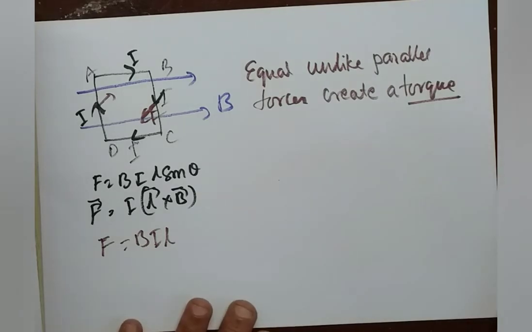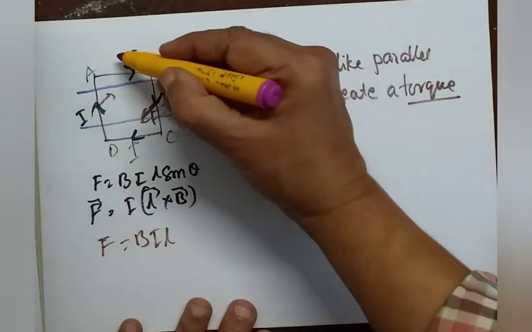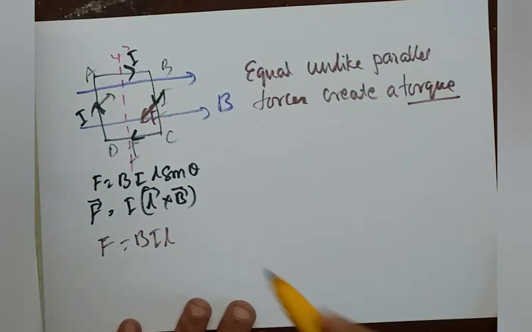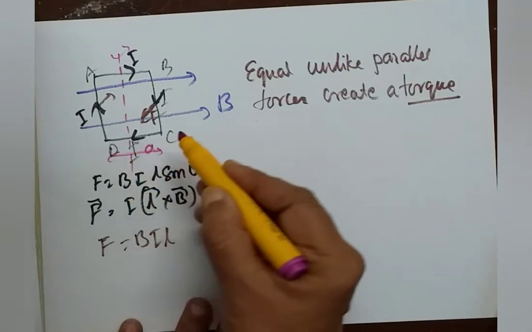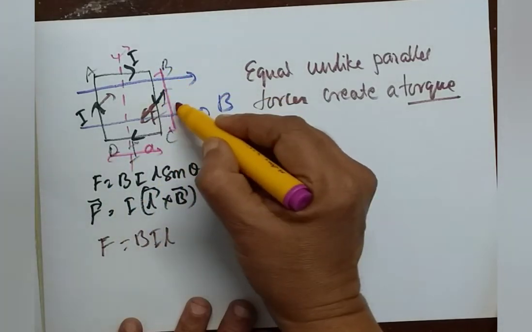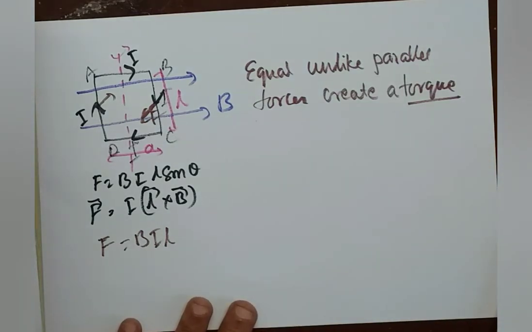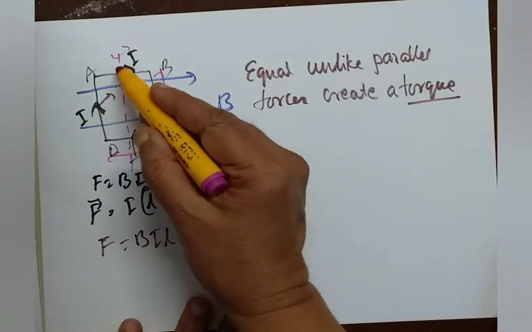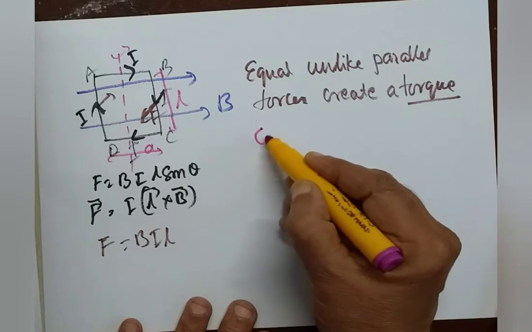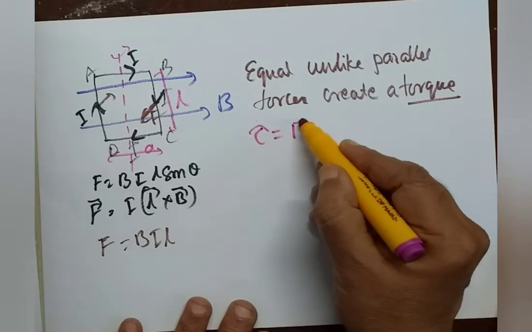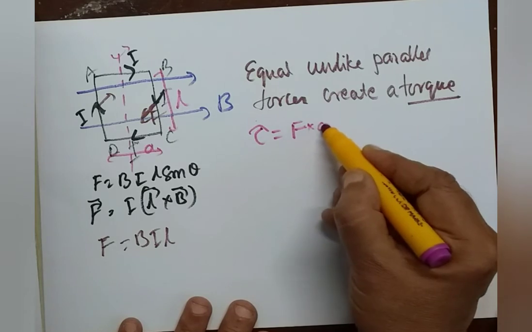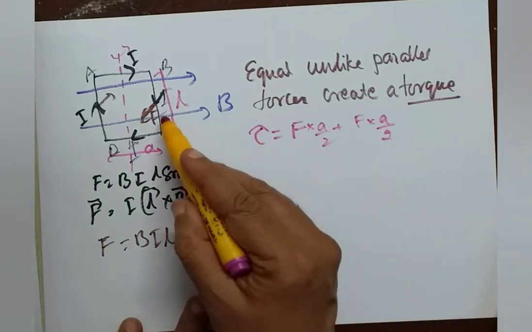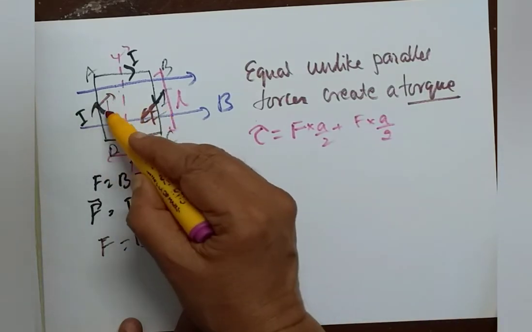The torque for this, say if we imagine this as the axis of rotation, on which it is fixed. Say if you take this side as A and this side length as L for the rectangular coil, then for torque over this axis, net torque is force F into A by 2 plus F into A by 2, because of torque due to this and torque due to this force.